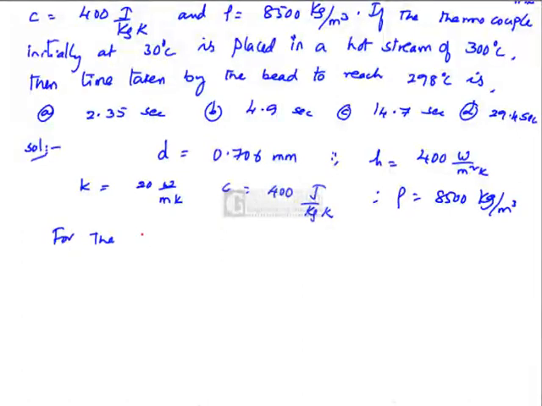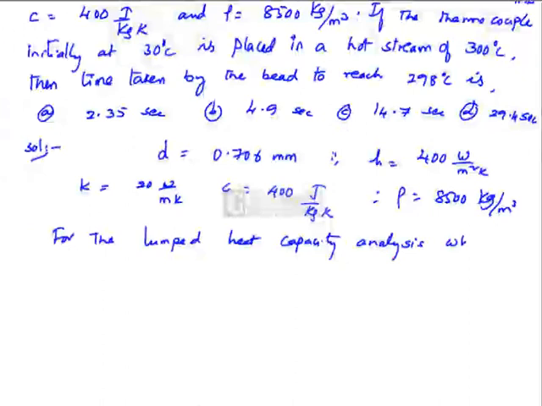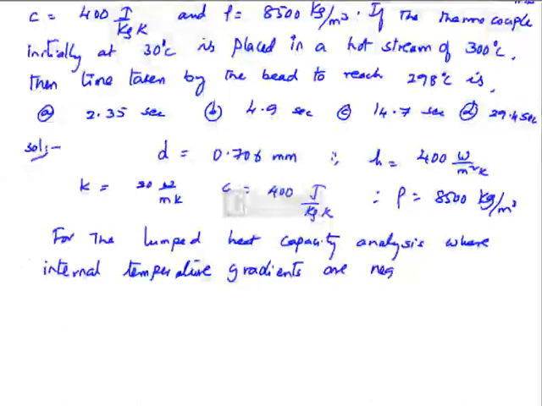For the lumped heat capacity analysis, where internal temperature gradients are negligible, the criteria is Biot number should be equal to Hs by K. First of all, let us calculate the value of Biot number.